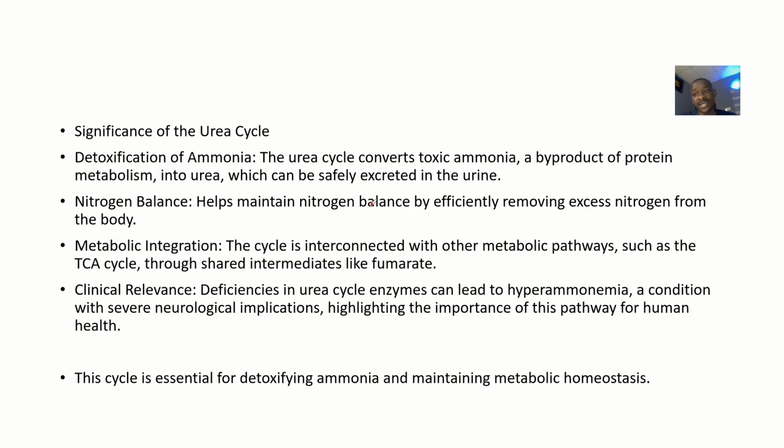What is the significance of the urea cycle to man? It helps in the detoxification of ammonia. The urea cycle converts toxic ammonia, a byproduct of protein metabolism, into urea, which can now be safely excreted in urine. It also helps maintain the nitrogen balance by efficiently removing excess nitrogen from the body.